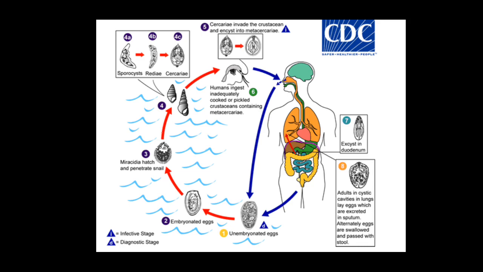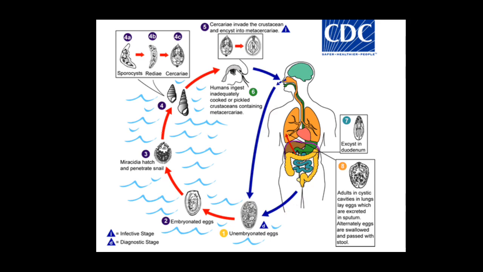So in the lungs here, the stage 8 is there. In the lungs, they mature into adults and they reproduce, they produce eggs. Eggs are again passed in the feces and in the sputum. So this is the life cycle.